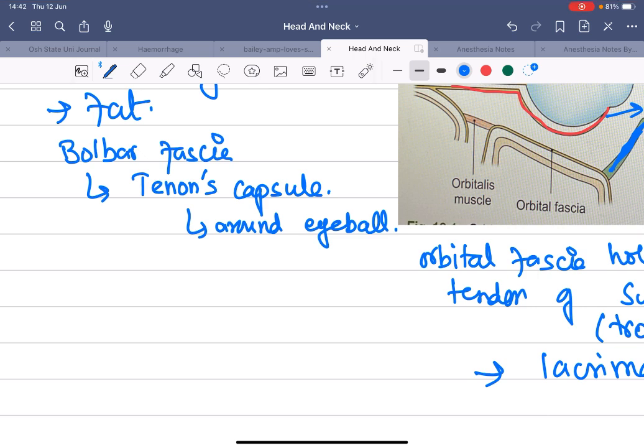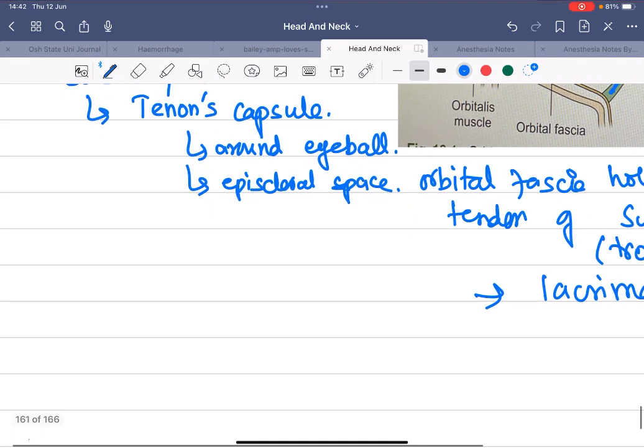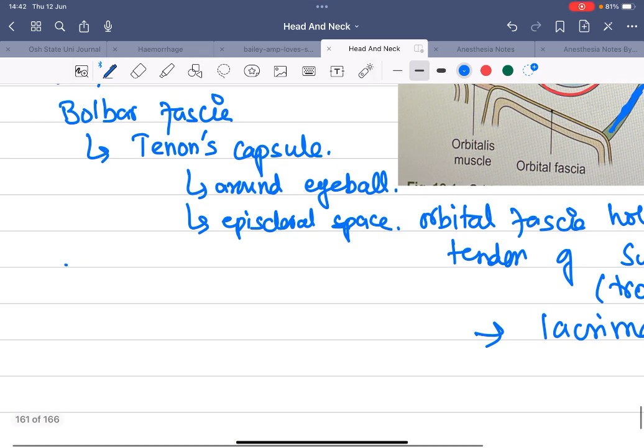There is also a space between the eyeball and Tenon's capsule, known as the episcleral space. This sheet also gives off some extensions. Number one, it covers each orbital muscle.